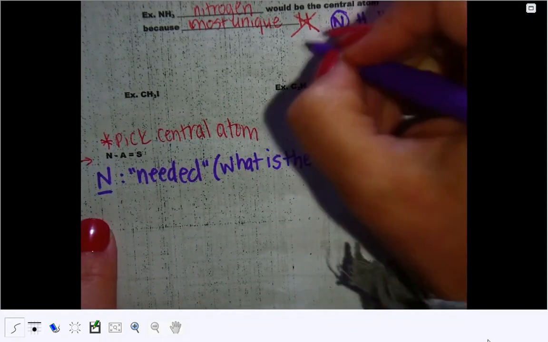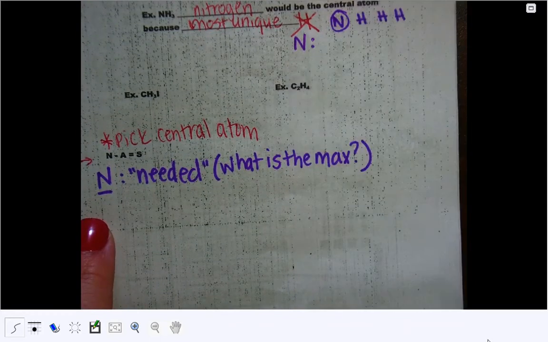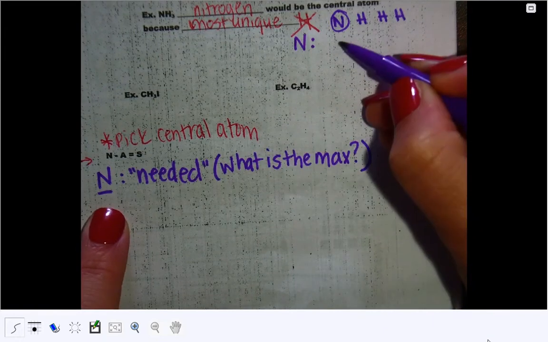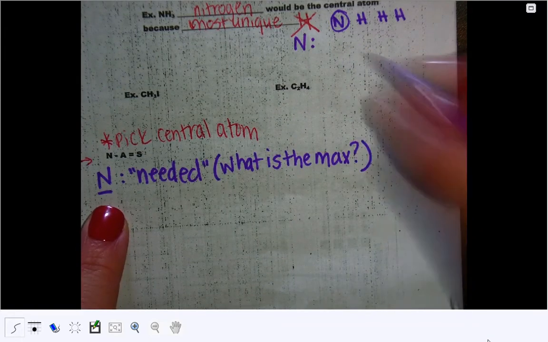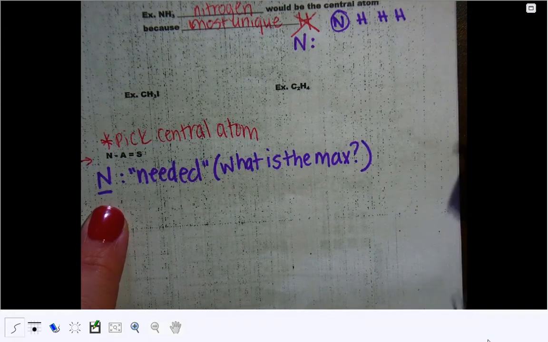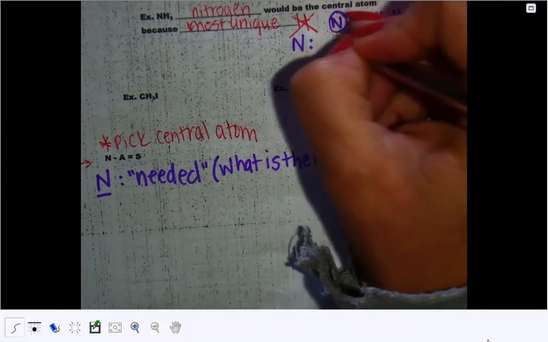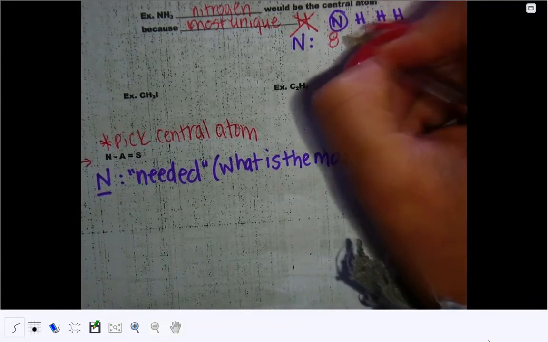So let's do that step. We're going to put an N right here because we're going to do our steps. For nitrogen, how many does it need to be max? Or what is its octet? Nitrogen? 8. Right?